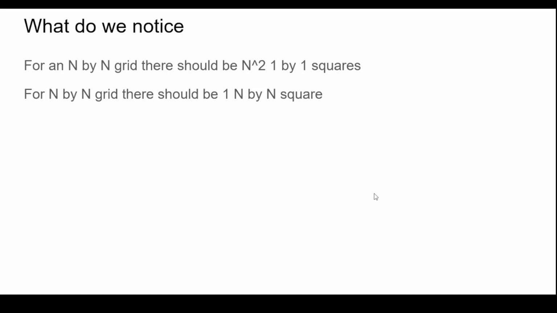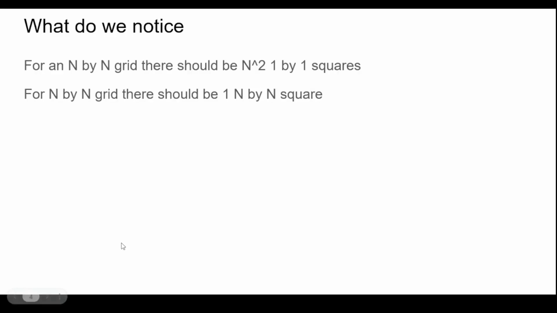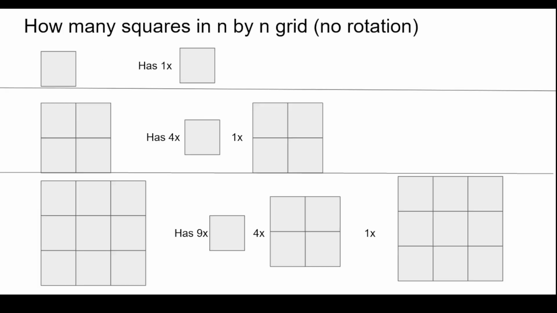For an n by n grid, there should be n squared 1 by 1 squares. So there should be 1 for the 1 by 1, and 9 for the 3 by 3, because 3 times 3 is 9, one for each square. That makes perfect sense. And for an n by n grid, there also should be one n by n square: the 1 by 1 has one 1 by 1, the 2 by 2 has one 2 by 2, and the 3 by 3 has one 3 by 3.